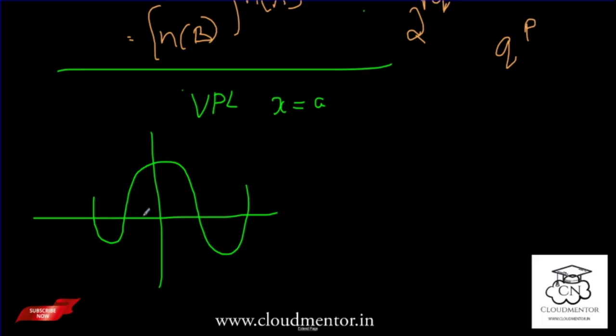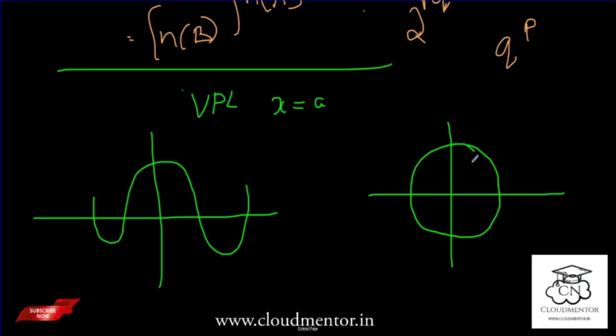There is one graph here and another I am drawing here. It is a circle with the center as origin, or anything. If any circle with any center at any coordinate, that's not a problem here. We are testing these two graphs with the test line, a VPL, that is a vertical parallel line, which is a line parallel to the y-axis having the equation x equal to a.